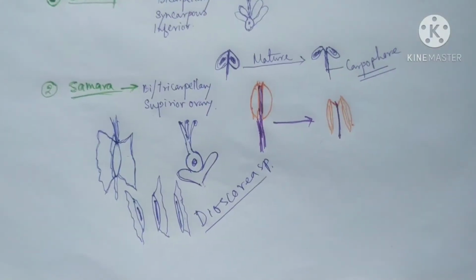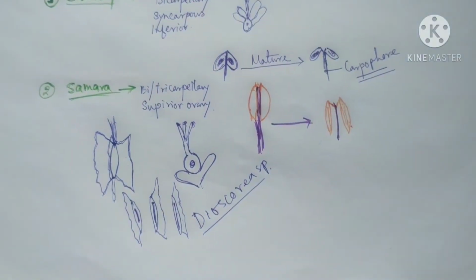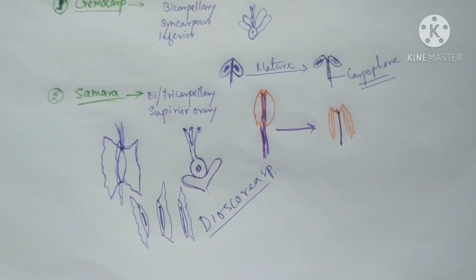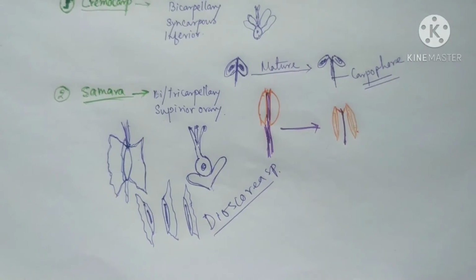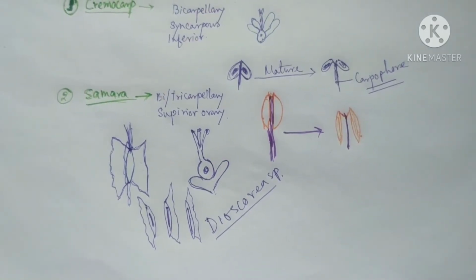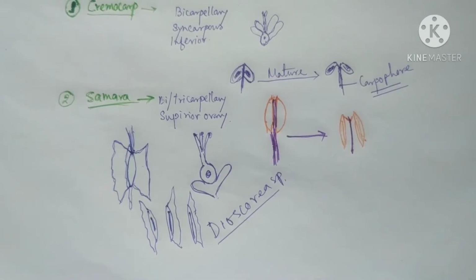Now in some books, samara is also divided into two types: first is double samara and another is single samara.